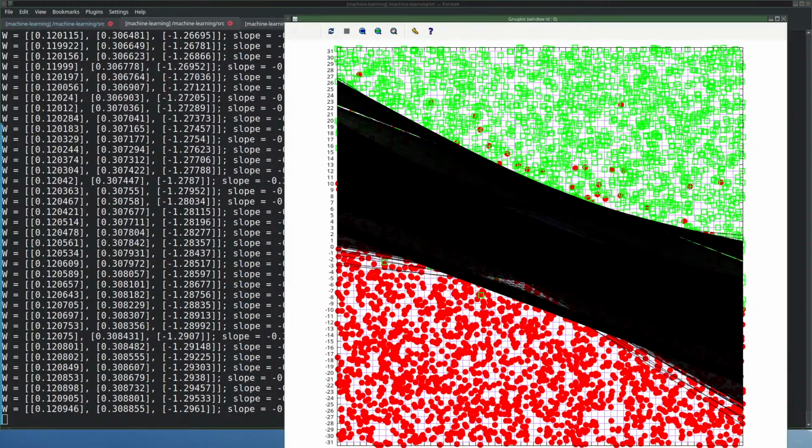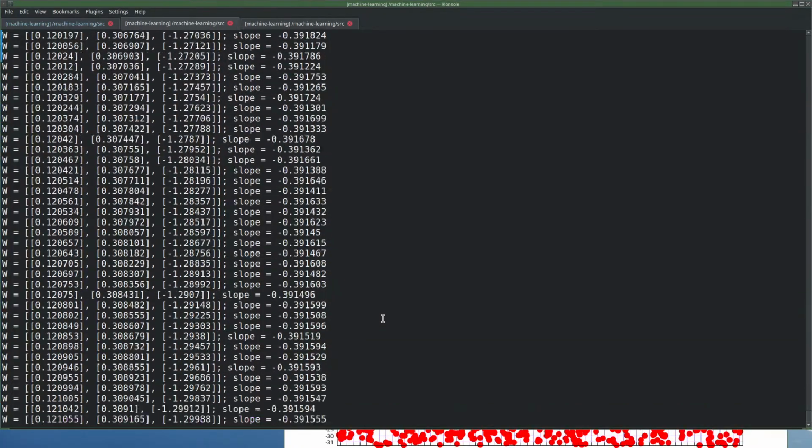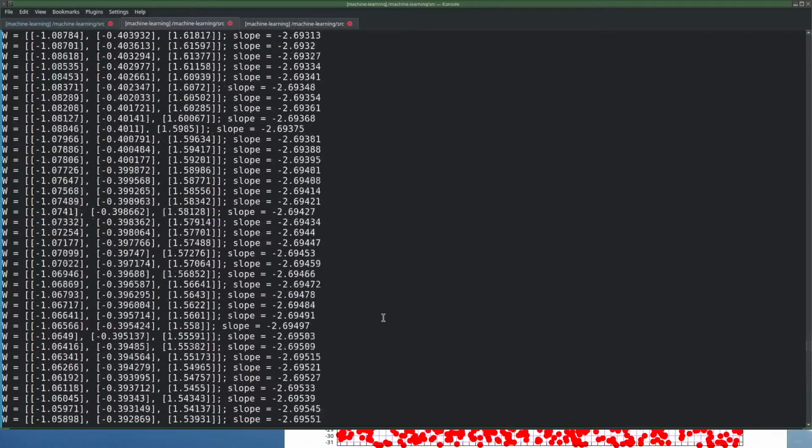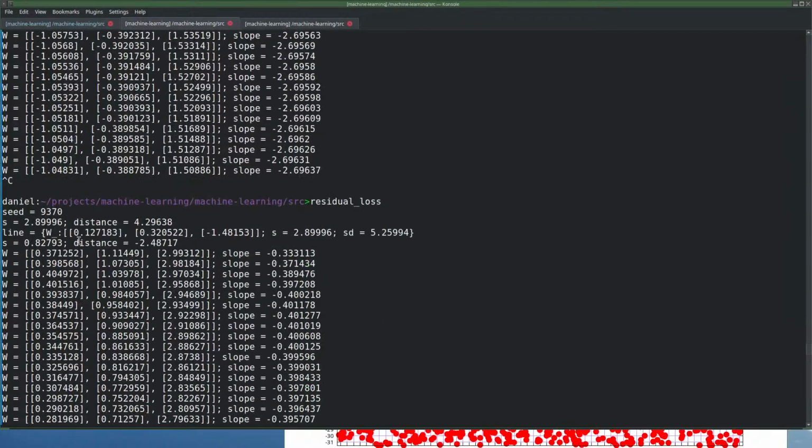Let's stop it. I want to see the seed of this. You can still see it. Seed 9,370.